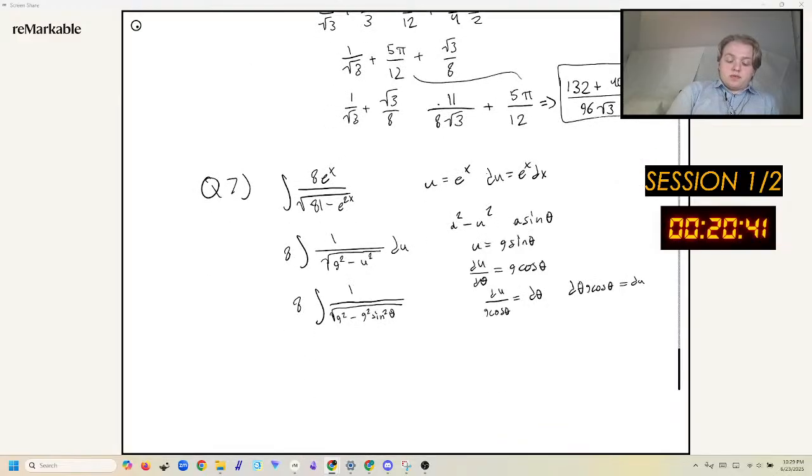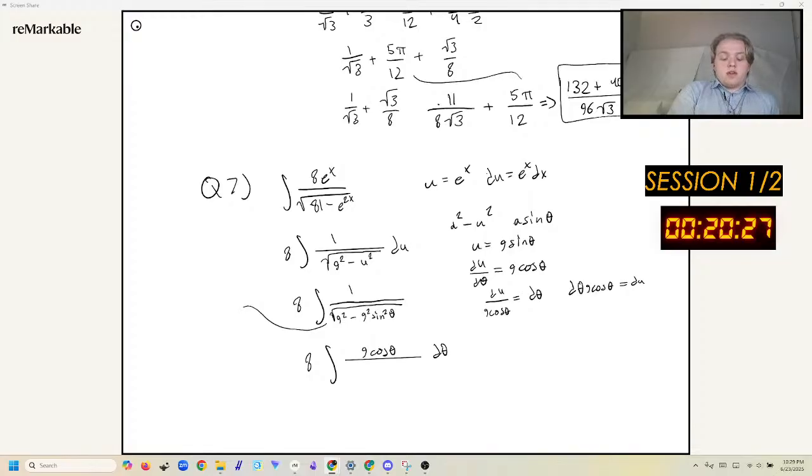So let's go ahead and pop in our 9 cosine theta d theta, and in this square root, I'm going to do some work out here. We want to take the 9 squared out, and we'll end up with 1 minus sine squared theta.